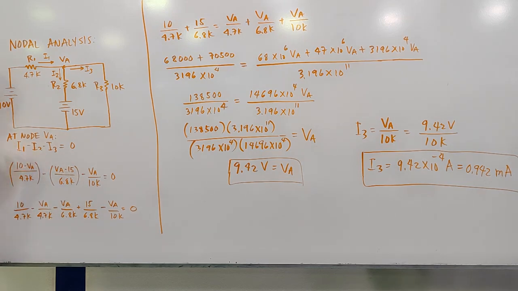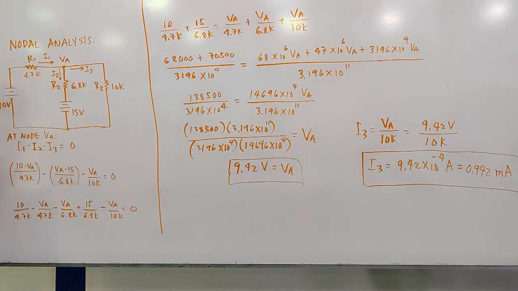Anyway, this first one is easy. This rule is the current rule, in which we know that in a node, all the current entering should be equal to the current leaving. In, out, correct?